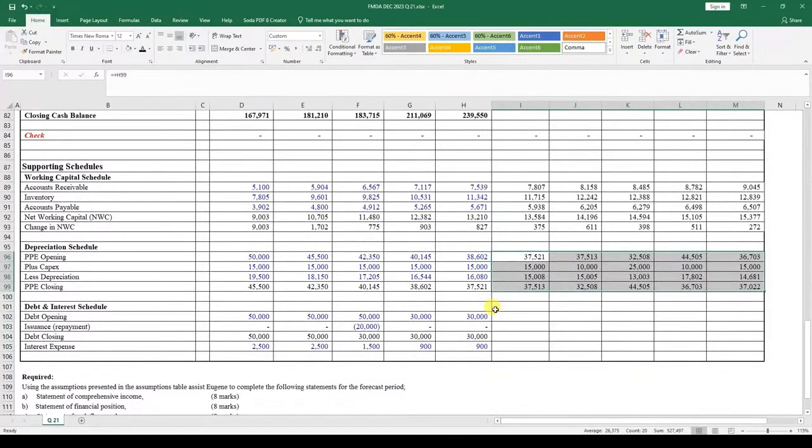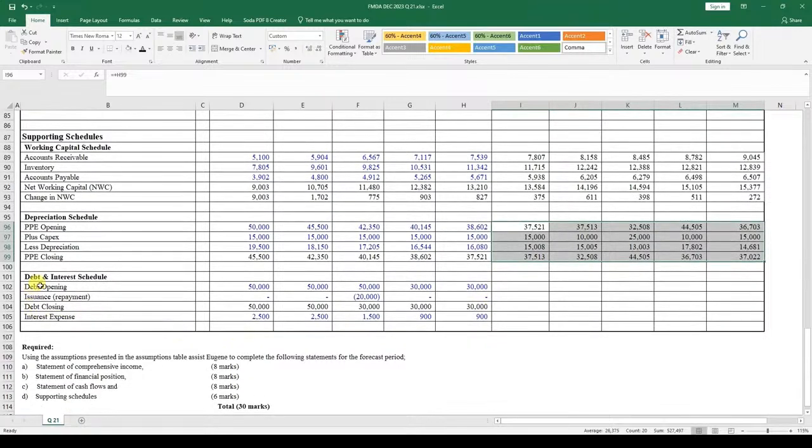Now the final supporting schedule is the debt and interest schedule here. How do we model it? The debt opening, just like the way we have done the opening in the depreciation schedule, this value is that value. So it goes without saying this value is going to be that value. So pick it from there.